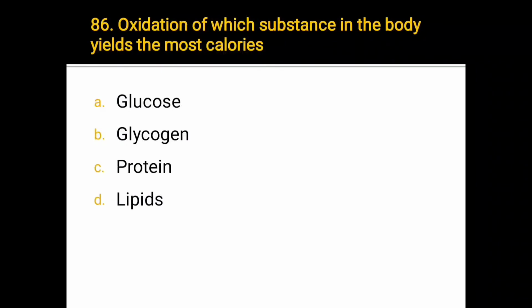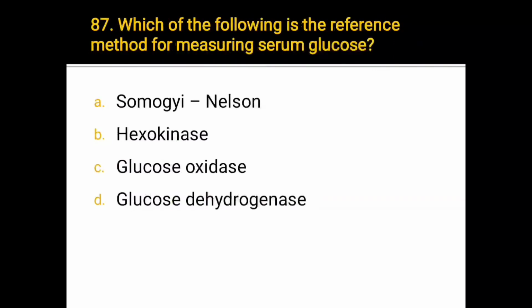Oxidation of which substance in the body yields the most calories? A. Glucose, B. Glycogen, C. Protein, D. Lipids. Correct answer D. Lipids. Which of the following is the reference method for measuring serum glucose? A. Homogenation, B. Hexokinase, C. Glucose oxidase, D. Glucose dehydrogenase.